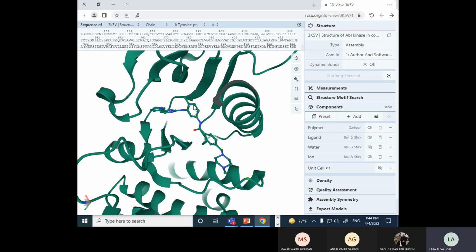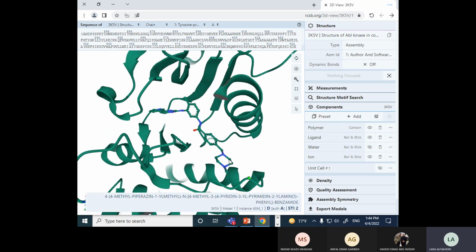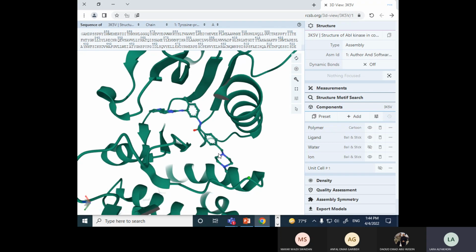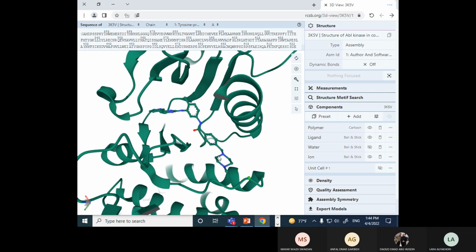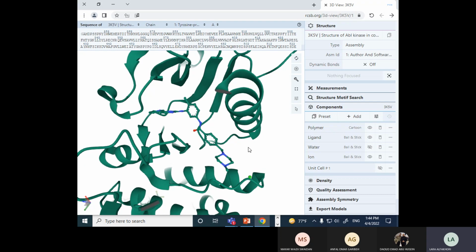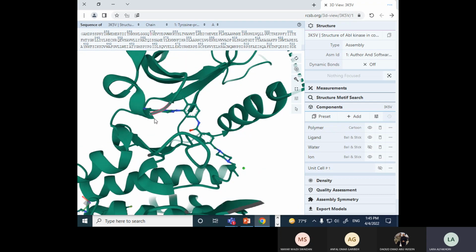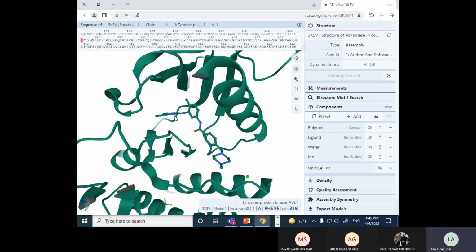This methylphenyl reaches all the way to the hydrophobic pocket, and the amide phenyl piperazine rings reach the allosteric pocket inside the ABL enzyme. Remember we talked about the hinge: this loop in here behind the pyrimidine ring, that's the loop that connects the N lobe to the C lobe.